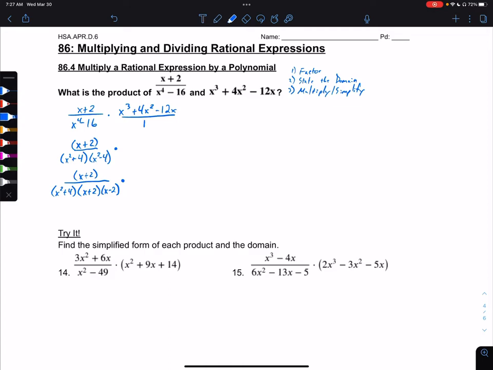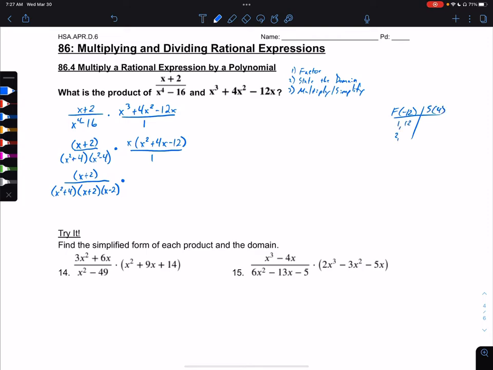Now we're going to look here at my numerator. The first thing I look for is GCF. They all have an x in common. So let's factor that x out. I'm going to do x times x squared plus 4x minus 12. Can't factor 1, the 1 just stays there. All right, now I need to look to see if I have factors of negative 12 that have a sum of 4.